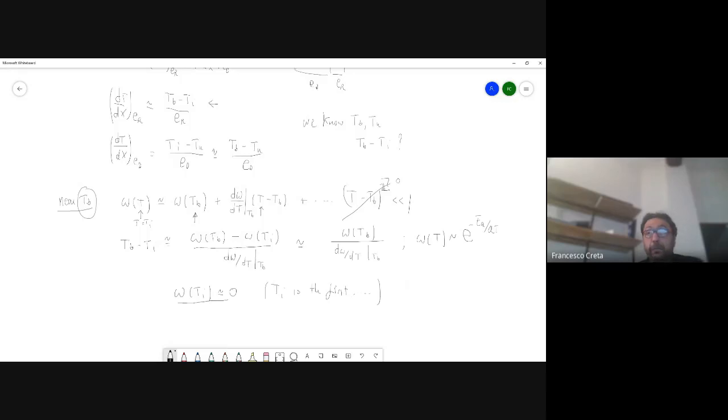And if you remember that the activation temperature was defined as a measure of the activation energy, we can say that omega of T can be written, as far as the temperature dependence is concerned, as e to the minus the activation temperature divided by T.